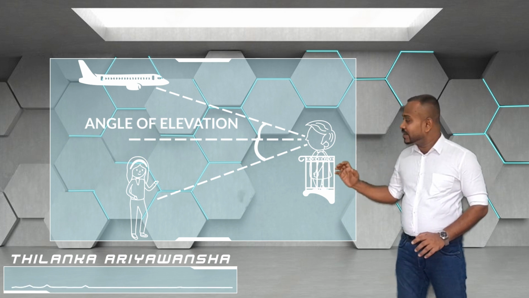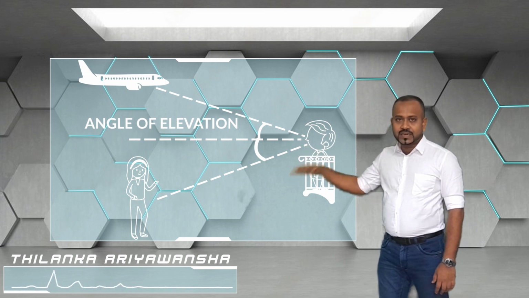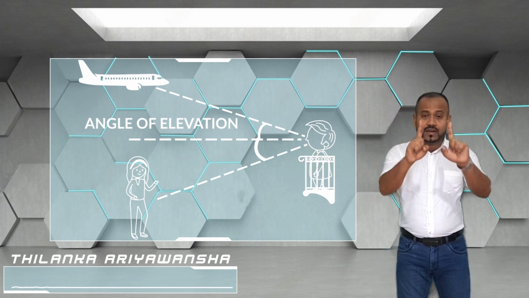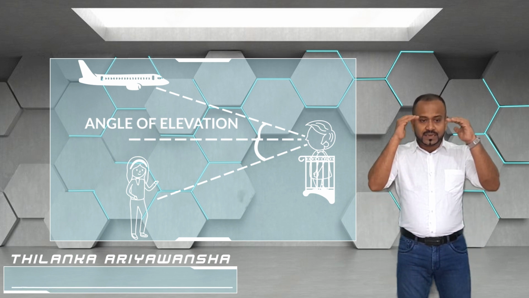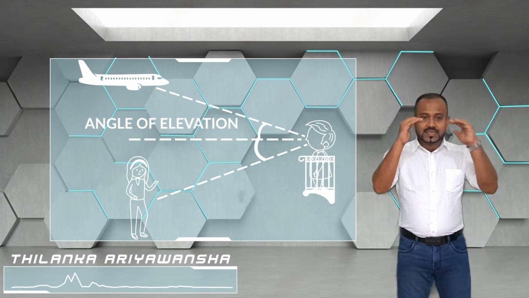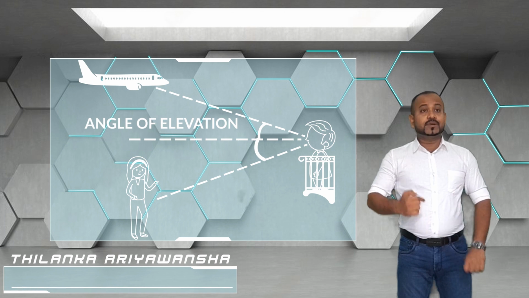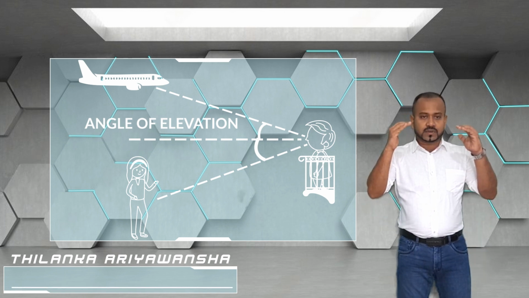When they are chatting, you can see here, this eye level is going down. Normally we know that we contact people with our eyes. When we happen to see something below our eye level, we have to change our eye level like this. When we happen to see something up, we have to change our eye level like this.